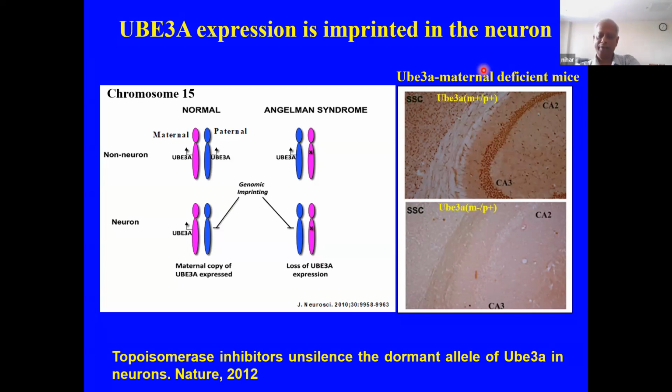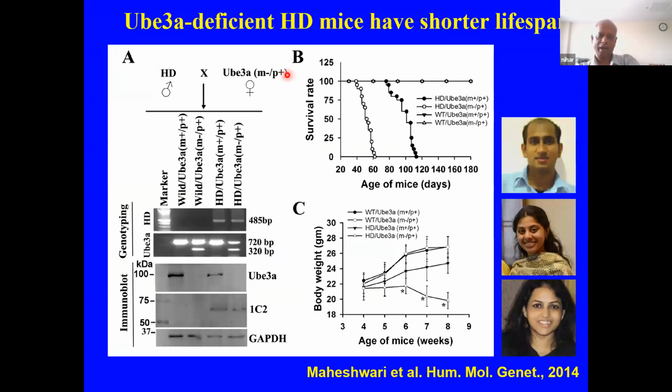Essentially, we are generating Huntington disease mice where Ube3a is knocked out from the neuron. It will be expressed in the rest of the body. So this is the result. This is a typical characterization of Ube3a knocked out Huntington disease mice.